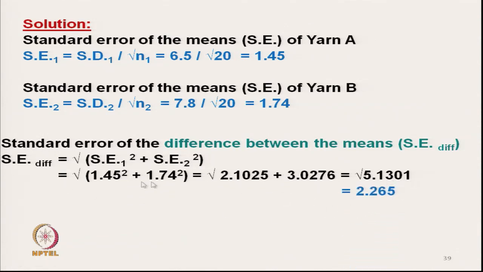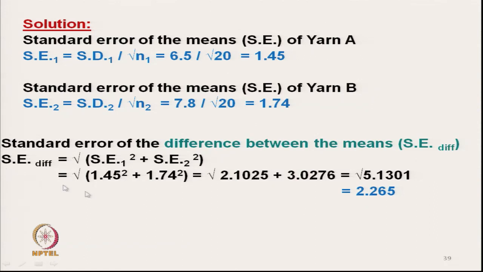Now, this standard error will be treated as a normal standard error, as we have done earlier. But here, as we have two standard errors and we want to understand the difference, we have to take the decision on the difference in mean, that is why we have to calculate the standard error of difference.